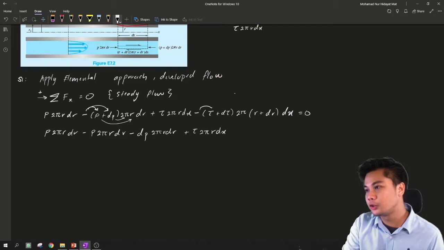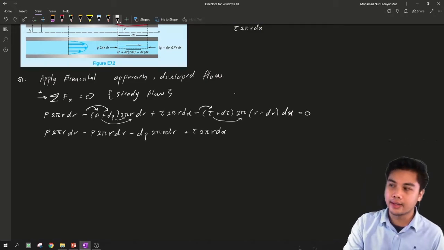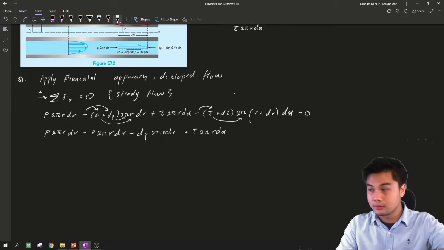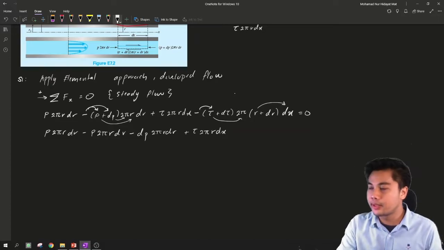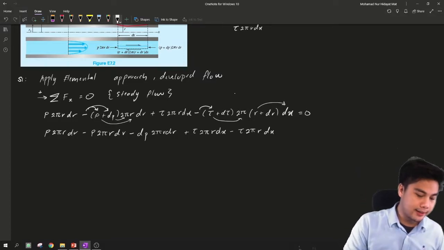Then you multiply with this one, and this one multiplied with this one. So tau minus tau times 2 pi r dx, that is tau multiplied with 2 pi, multiplied with r, multiplied with dx.